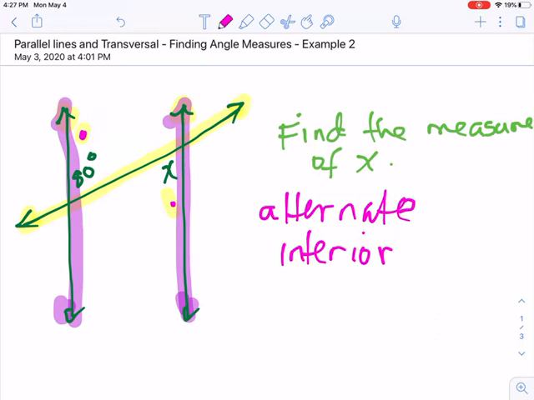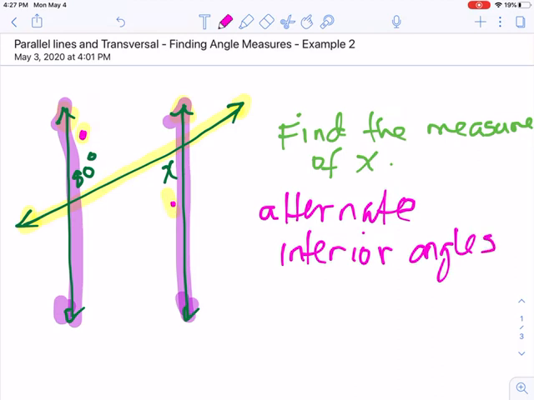80 is related to x, and alternate interior angles tells me that these two angles are congruent. 80 is congruent to x by the reason of alternate interior angles.